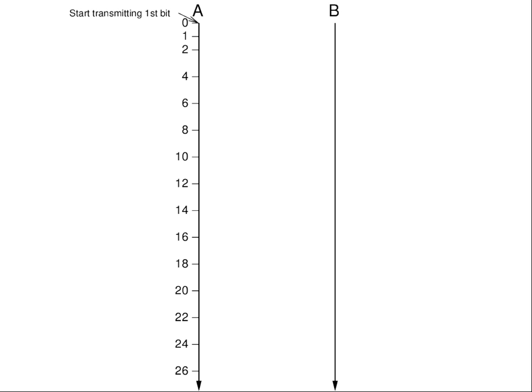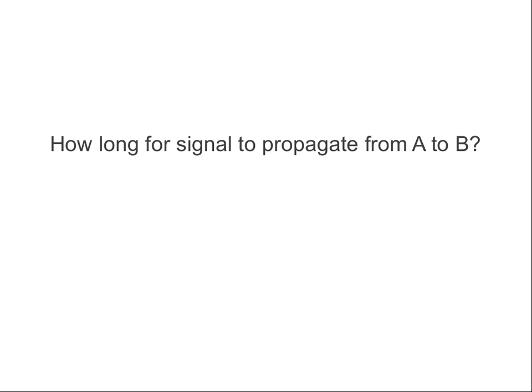How long for the signal, when it first comes out of my computer, to travel the 4.5 kilometres to the receiver? Calculate the propagation delay. How long for that signal to be transferred from transmitter to receiver?